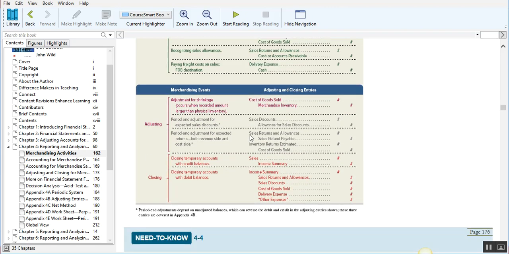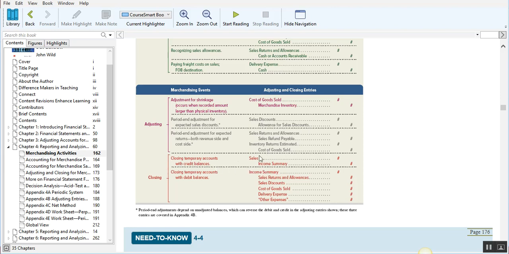Then when we get to adjusting entries, we have an adjustment for shrinkage that we need to account for. We also adjust for period ending adjustments, any sales discounts, allowances, that sort of thing. Any expected returns that we'll need to account for.